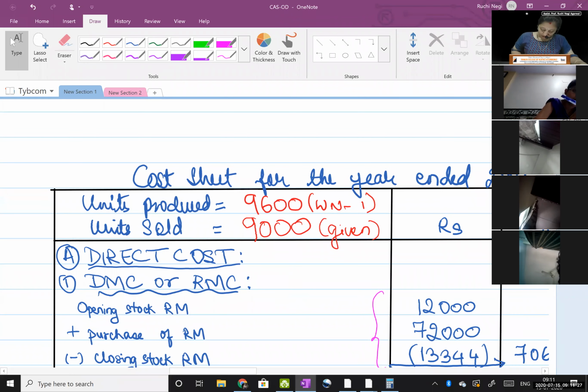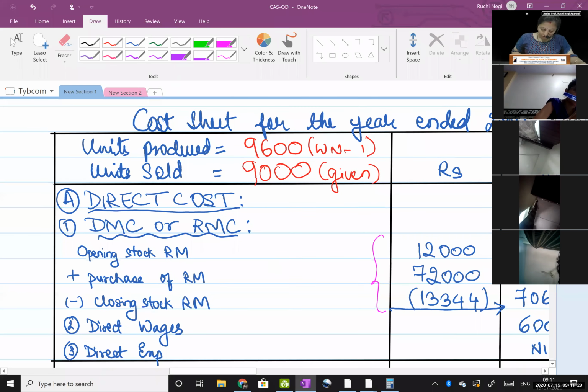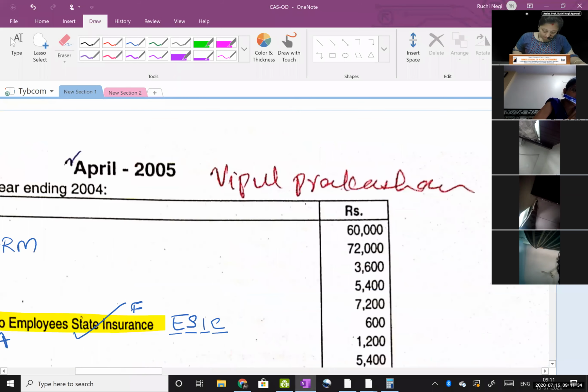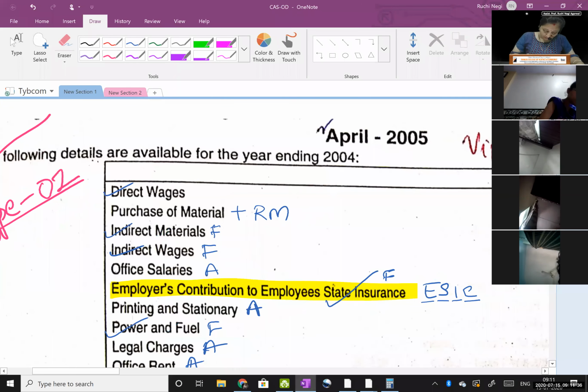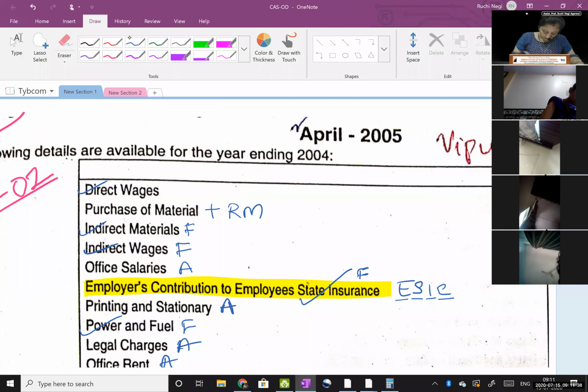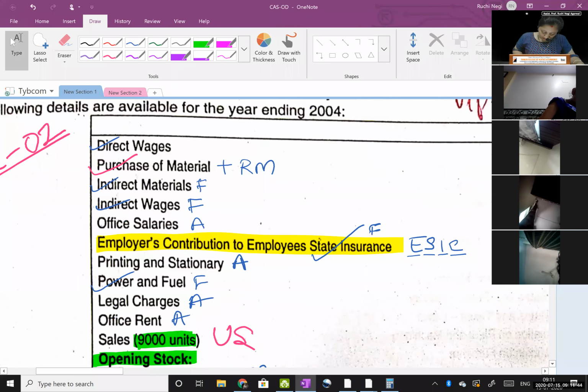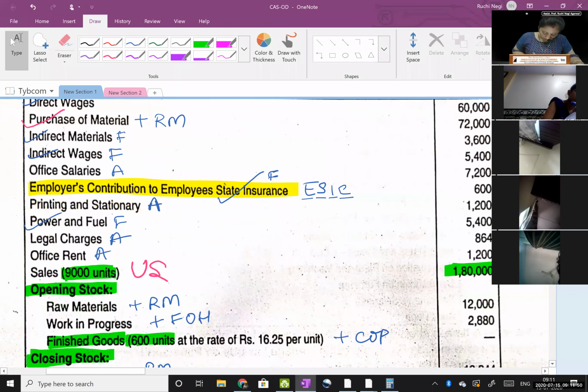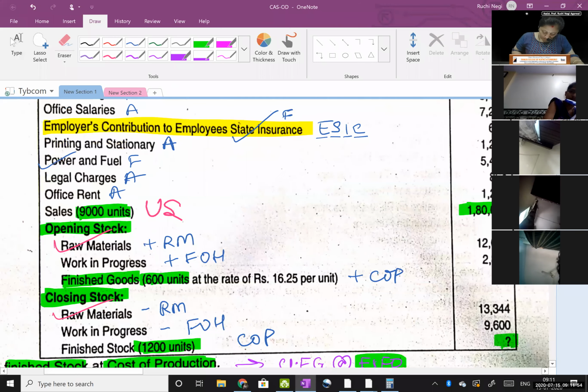Next, direct cost. Under direct cost, first is direct material. So let us see how many elements we have. We have purchase of raw material, then opening stock of raw material, then closing stock of raw material.